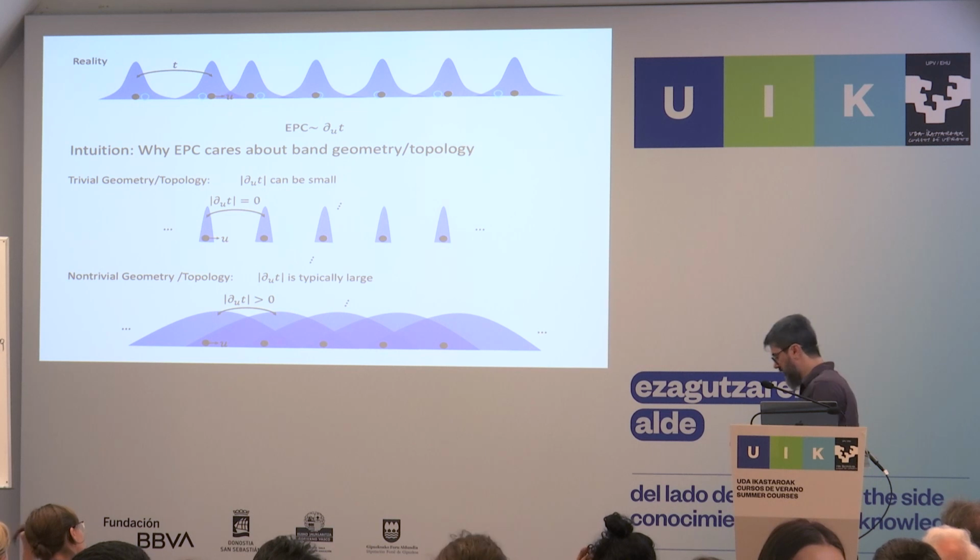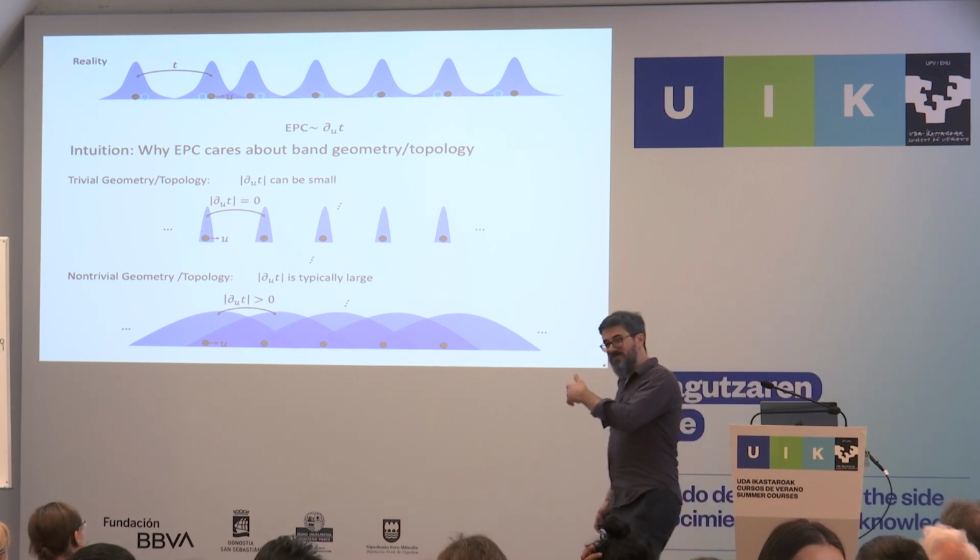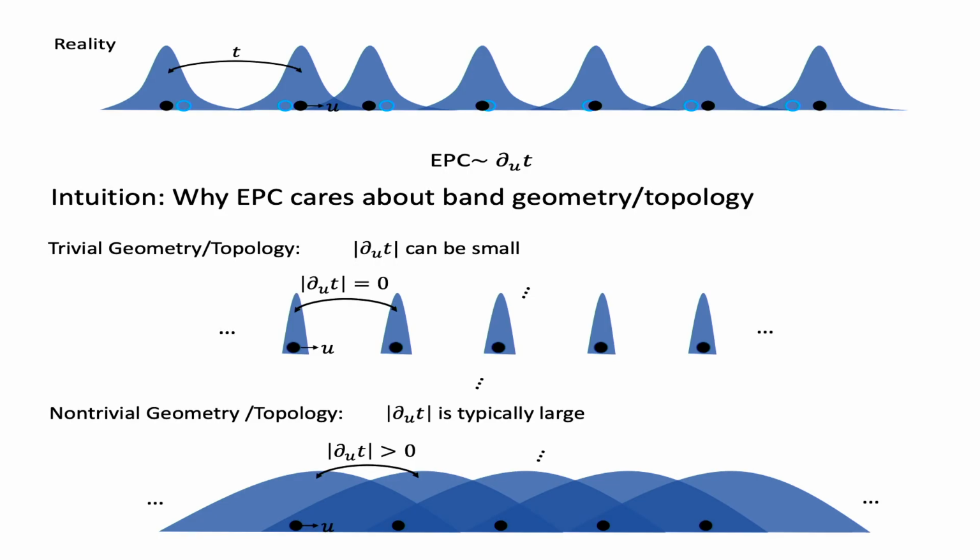Let's look at the electron-phonon coupling. This was actually the opinion of referee A about this work. You'd also expect electron-phonon coupling to have something to do with Wannier localization.